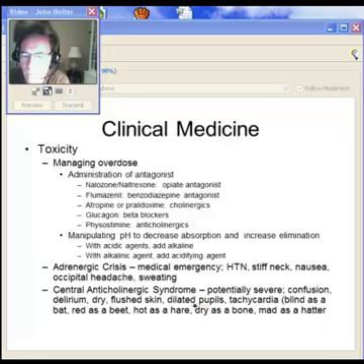That's a stress-related response, obviously. And the absence of acetylcholine as well. So I'll leave that alone for now. Tachycardia, blind as a bat. This is the saying to help you remember what causes the central anticholinergic syndrome. Blind as a bat, red as a beet, hot as a hare, and dry as a bone, mad as a hatter. Those are the symptoms you see.